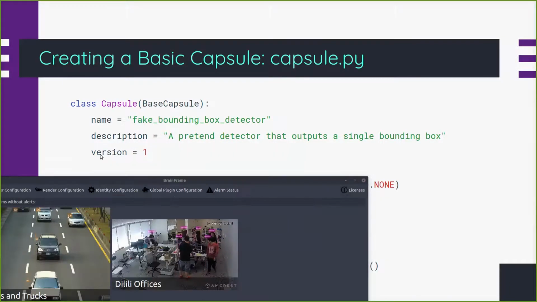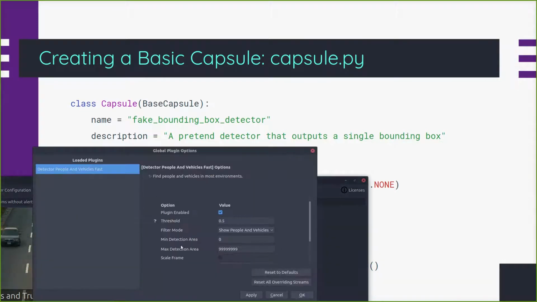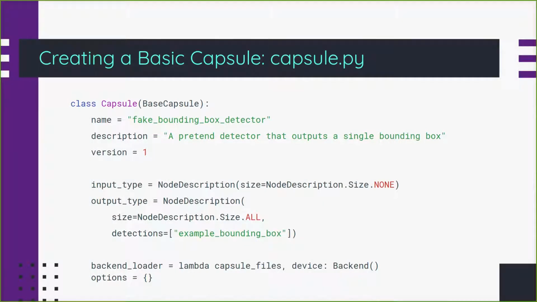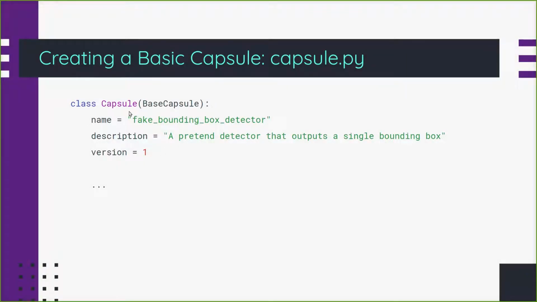And then the version of the capsule, which you currently can't see on this UI, but is still used with BrainFrame to make sure that it's running the latest version of the capsule. So if you make a capsule with the same name and you change the model, you could bump this version up. Right? So that's the main basic descriptors.